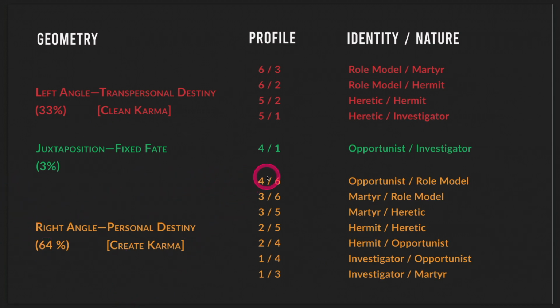Something also to note: 64% of us are going to be right angle. And this idea, I'll touch on now because it's something I promised I would. You create karma or you clean karma, right? And again, another sort of trigger word. I think people are really wrapped up in this idea of karma. To my understanding, I've studied Vedic philosophy, and karma just means deeds, work.